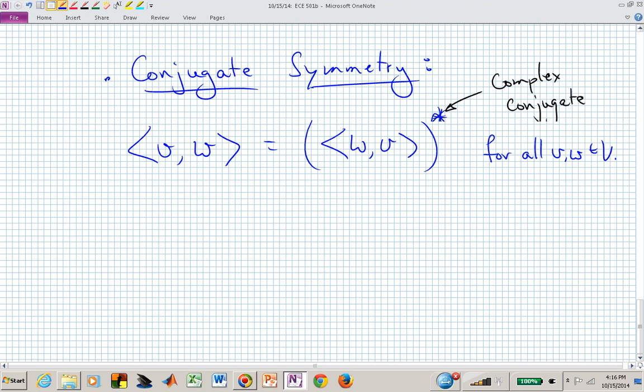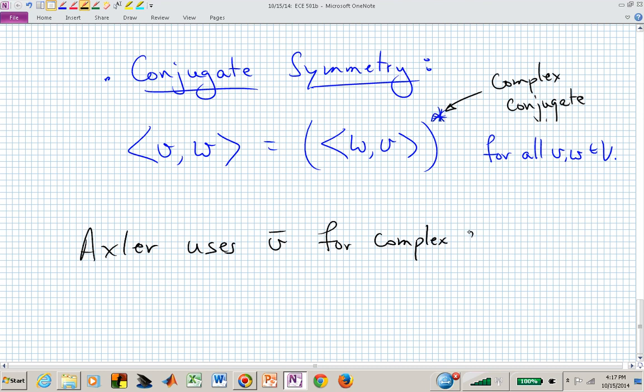So let's just keep clear that in the textbook they may not use that asterisk. I don't make a very good asterisk anyway, but Axler may just use an overbar for the complex conjugate. So when you're reading the textbook, make sure you're clear as to what's actually going on.